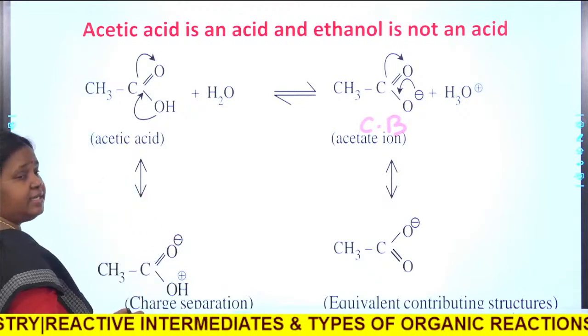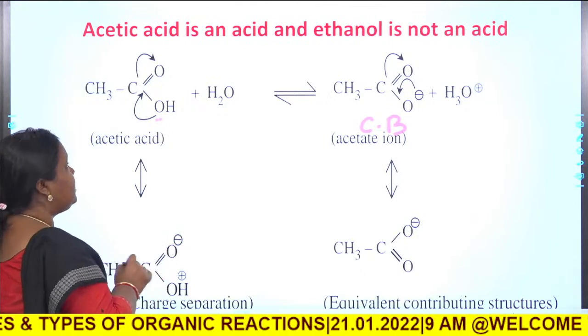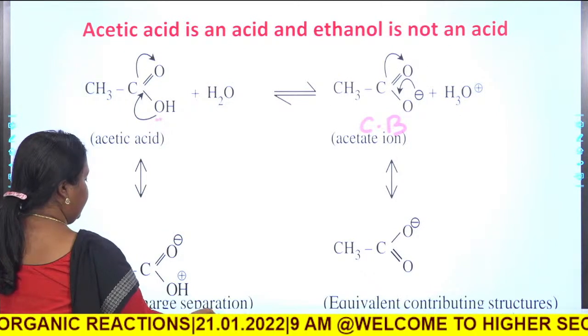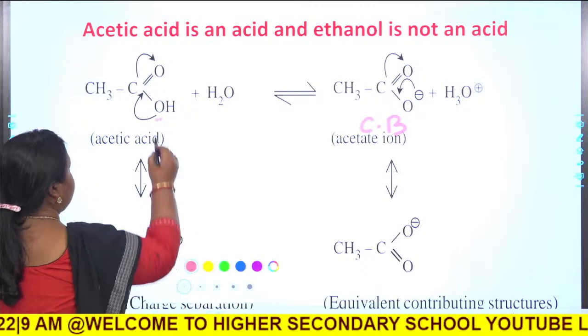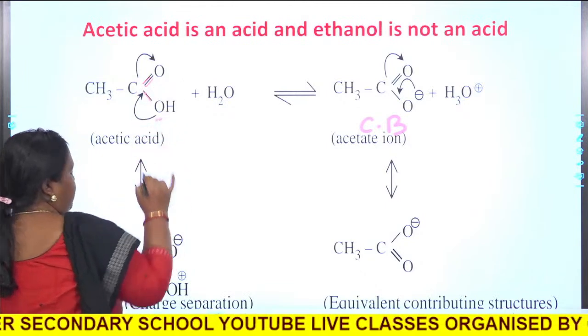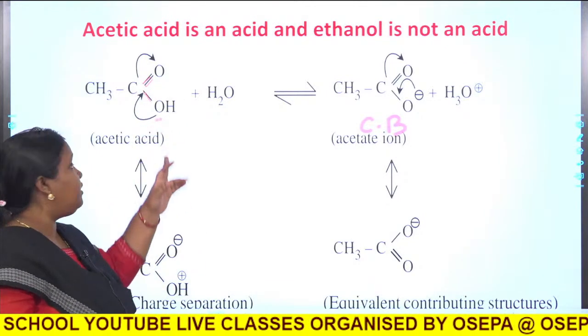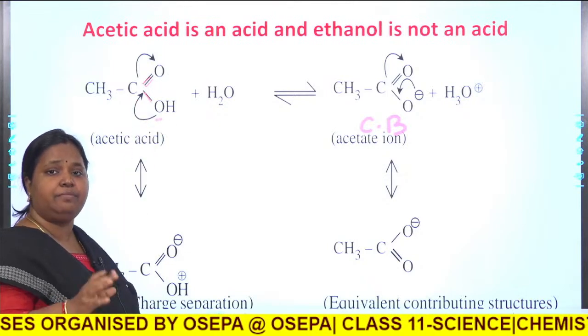For acetic acid, mark here, there is lone pair on oxygen, then there is single bond here and double bond. So, I have already discussed yesterday that lone pair, sigma bond, pi bond will give you resonance.